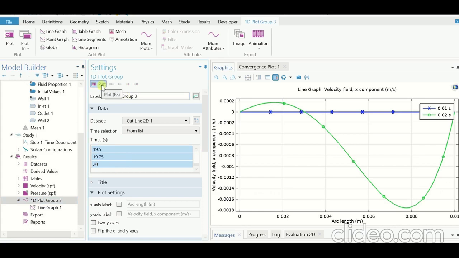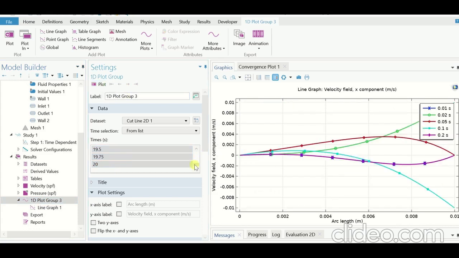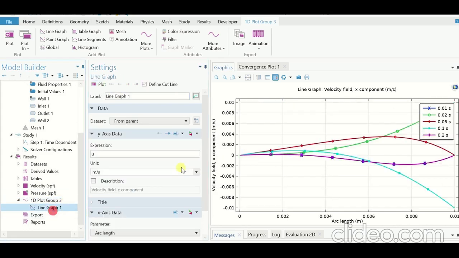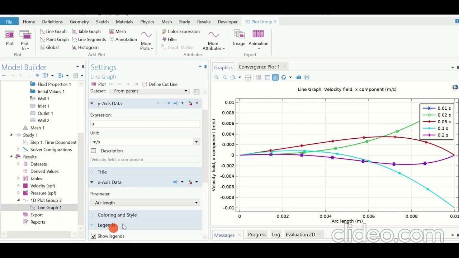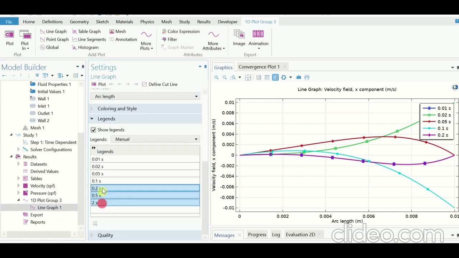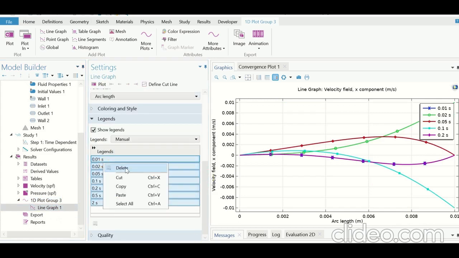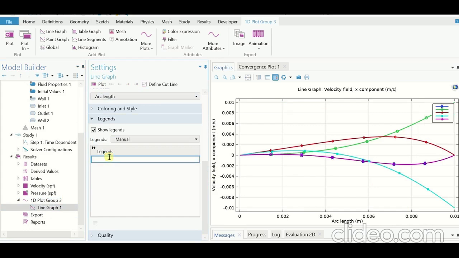Please keep in mind that this 1 second is the period of oscillation. We will rename these legends and type new names.